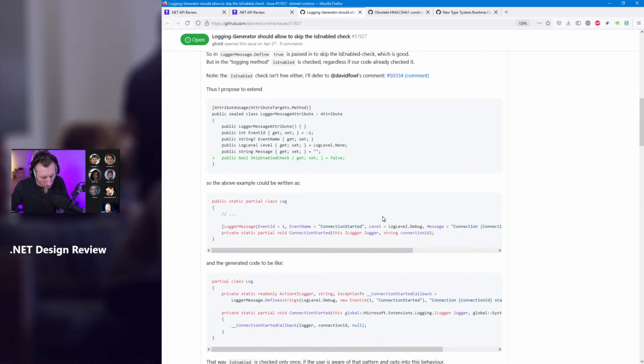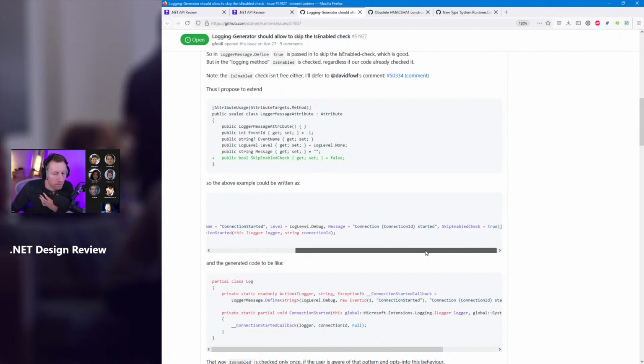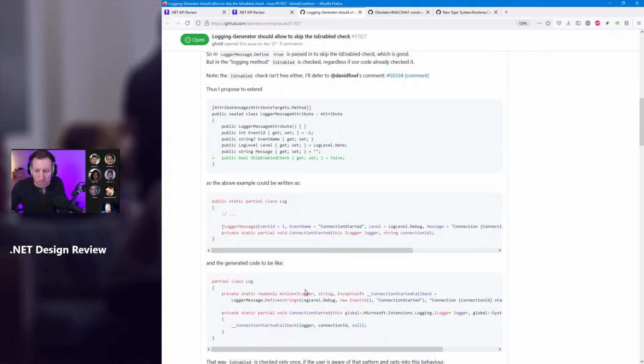If you remember, about skip enabled check, when we have a logging generator, if the person who wants us to auto-generate the log method has already guarded their method in an IsEnabled check, then the generator wouldn't need to guard it in an IsEnabled check itself. Therefore, the way the consumer would let us know to skip that would be through the attribute here. And that's it.